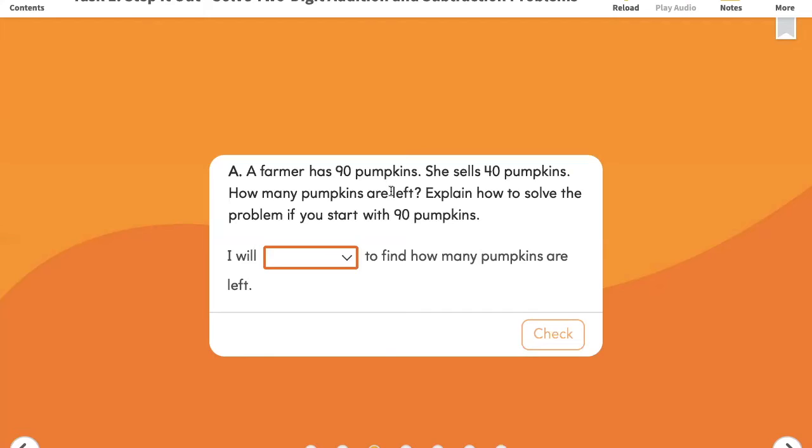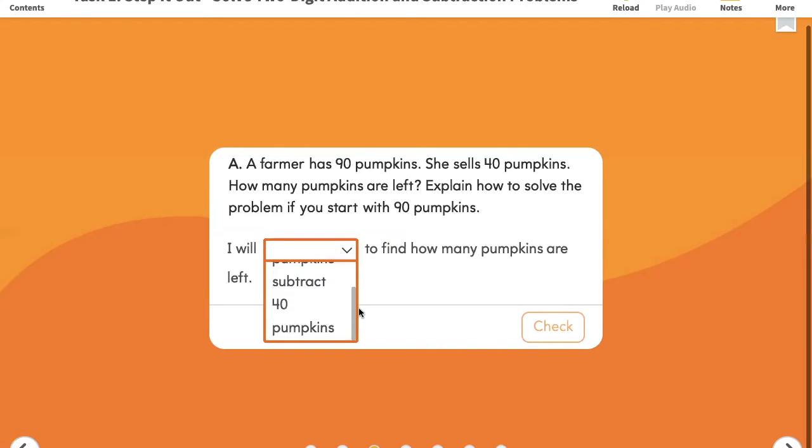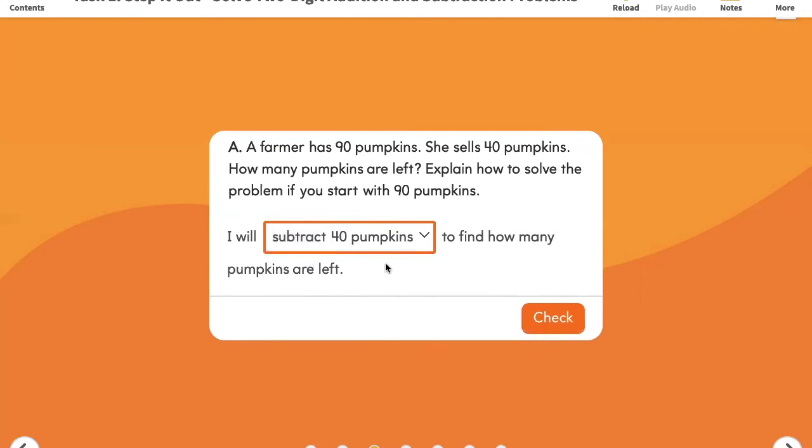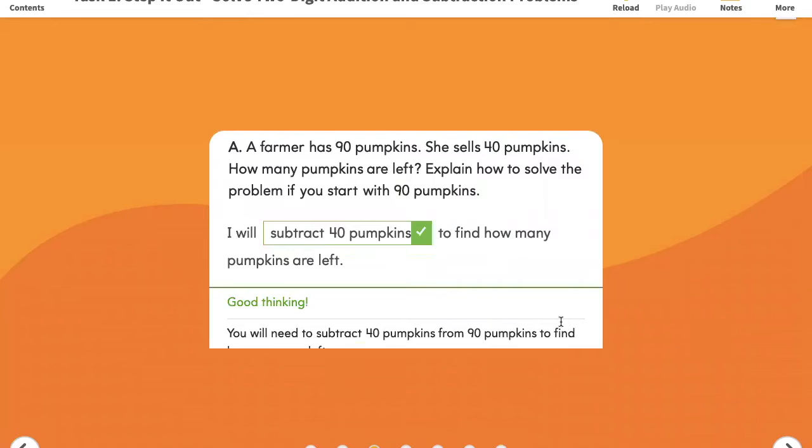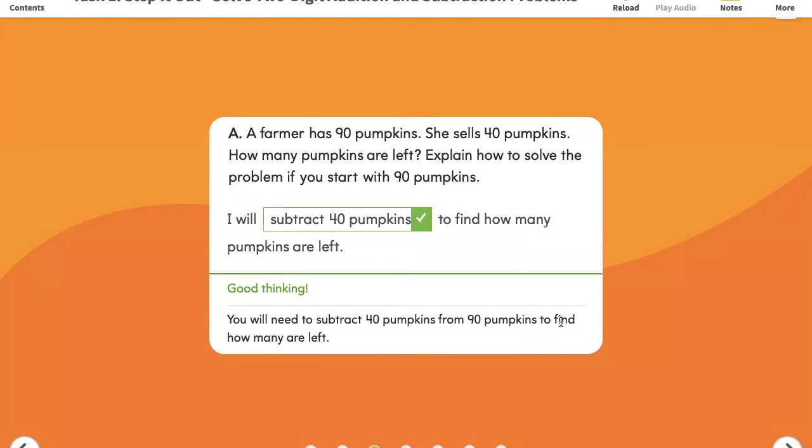They want to figure out how many are still at the farm. Using those two words, we know that we will subtract 40 pumpkins. So in your workbook for letter A, you will write the sentence, I will subtract 40 pumpkins to find how many pumpkins are left. Go ahead and pause the video if you need to and get it written down.